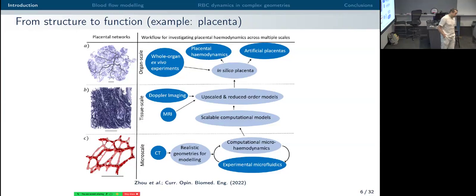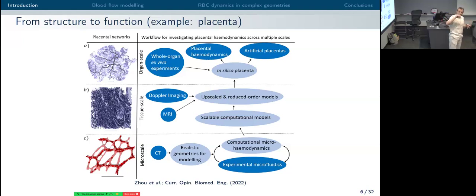Yeah. Okay, what I should have said here is that this is in an ideal world, how it could look. It doesn't mean that all these arrows are materialized. How do you upscale? You have upscaling approaches. Mathematically, you can define what upscaling is, and you can have a sensitivity analysis and so on. But how to do this in practice? We still don't have everything we need on the micro scale.